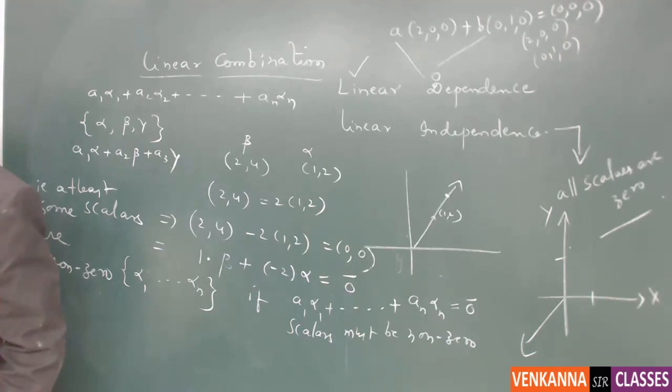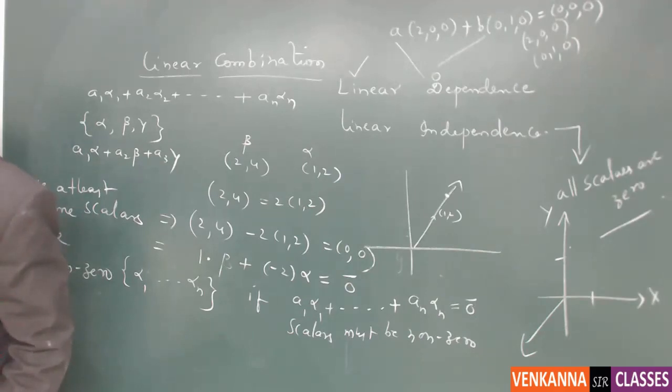So this is called linear dependence and independence. Please understand that we are calling dependence or independence based on the scalars. So by the choice of scalars only, we are saying that the set is dependent or the set is independent.